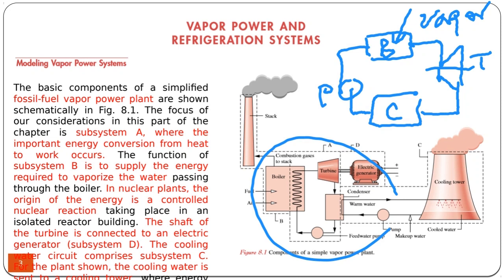This vapor rotates the turbine, and the turbine generates electricity, or it can drive the propeller shaft of a ship. Then it has to be condensed, because otherwise, if you don't make it liquid, you cannot pump it back into the boiler. So here we have to lose some energy. As condensation takes place, we have to make some cooling, meaning that we have to lose some energy.